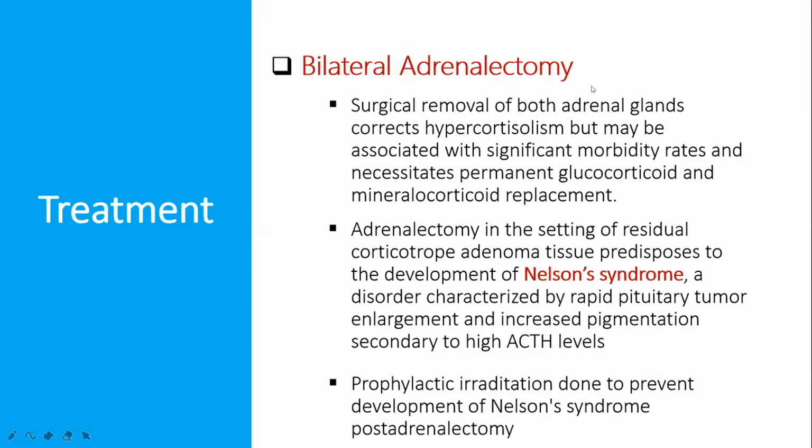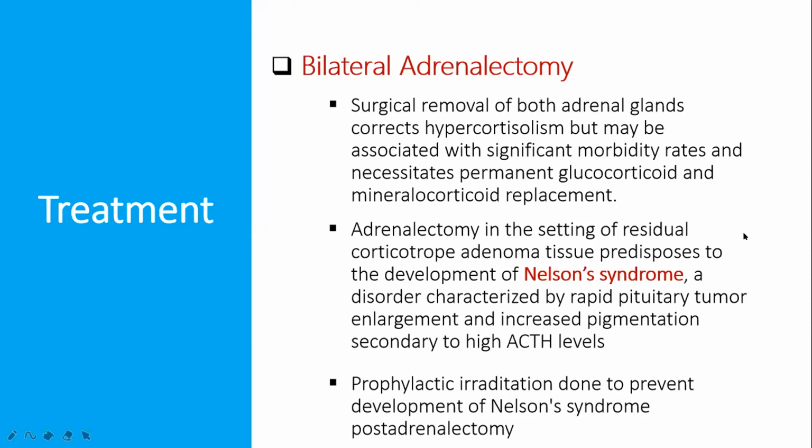Next, we have bilateral adrenalectomy, wherein we do the surgical removal of both adrenal glands. This would correct hypercortisolism, but may be associated with significant morbidity rates and necessitates permanent glucocorticoid and mineralocorticoid replacement.